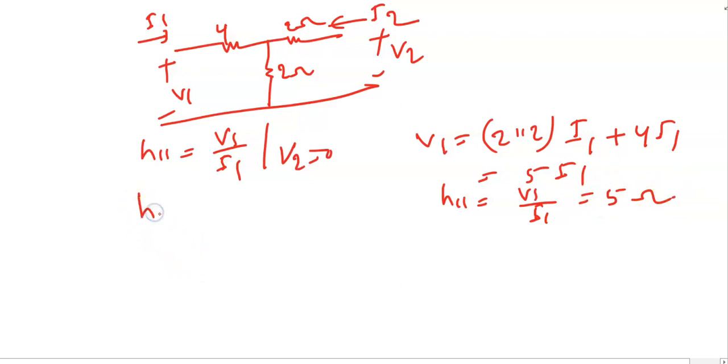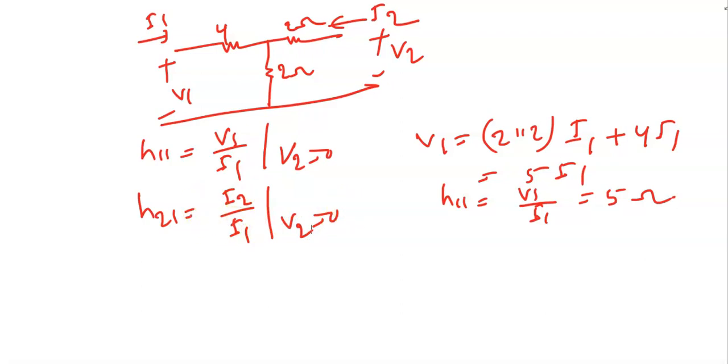Now H21, which is I2 upon I1 when V2 equal to 0. Here you can apply current division, because current I1 is coming, so one part is going here, another part is going here. As you can see, whatever the current, it will be split equally.